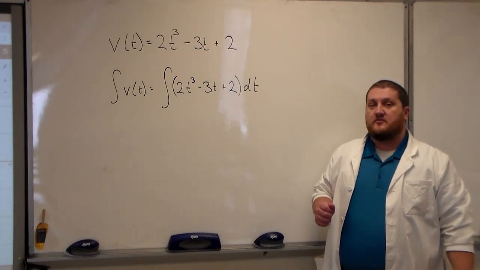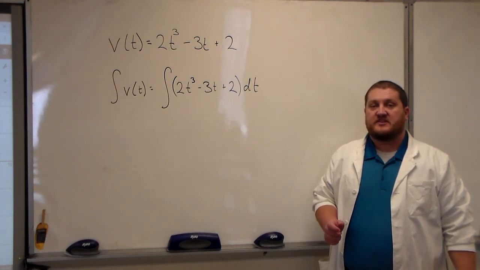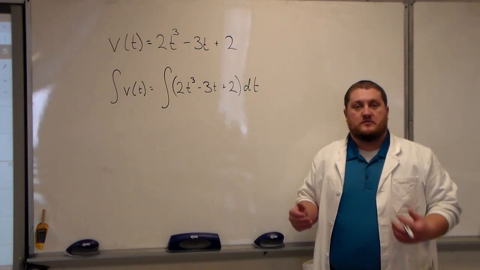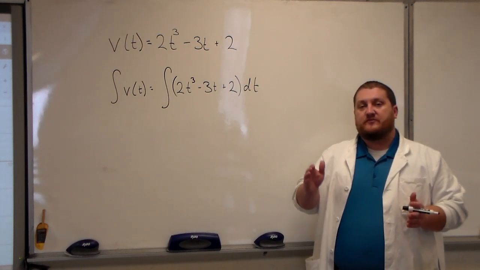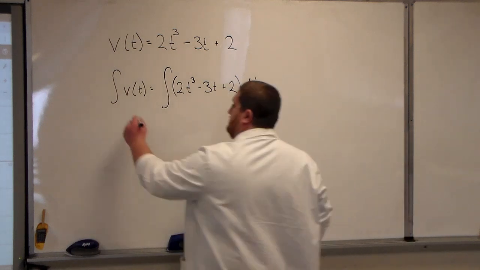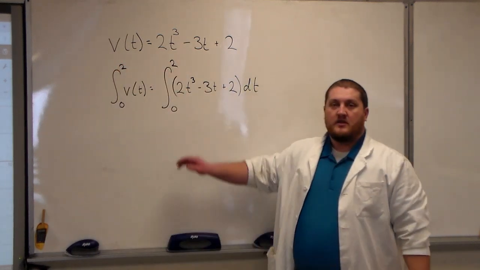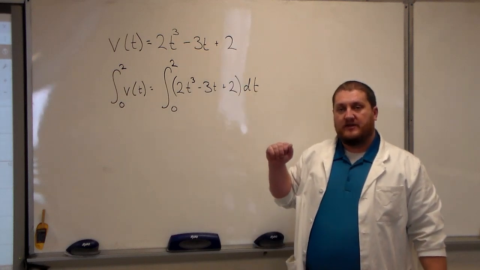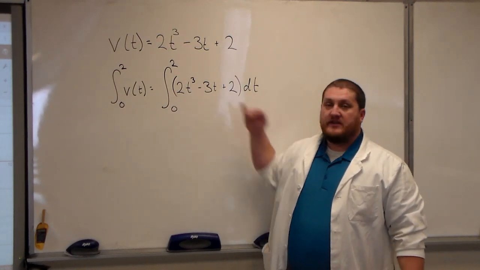And because I know a particular time frame that I'm interested in, that puts limits on my integral. I'm interested from time equals 0 to time equals 2. So I use my lower limit and my upper limit. Now I can do the integral.